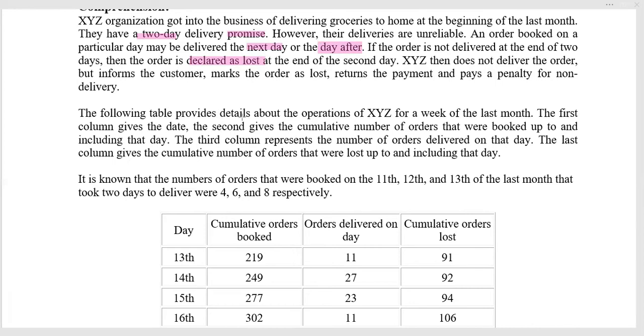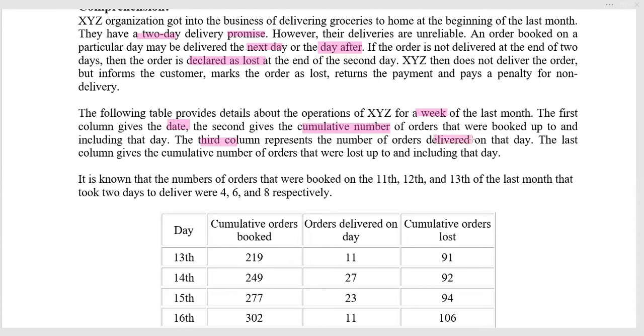The following table provides details about the operation of XYZ for a week of last month. The first column gives the date. The second gives the cumulative number of orders that were booked up to and including that day. The third column represents the number of orders delivered on that day.